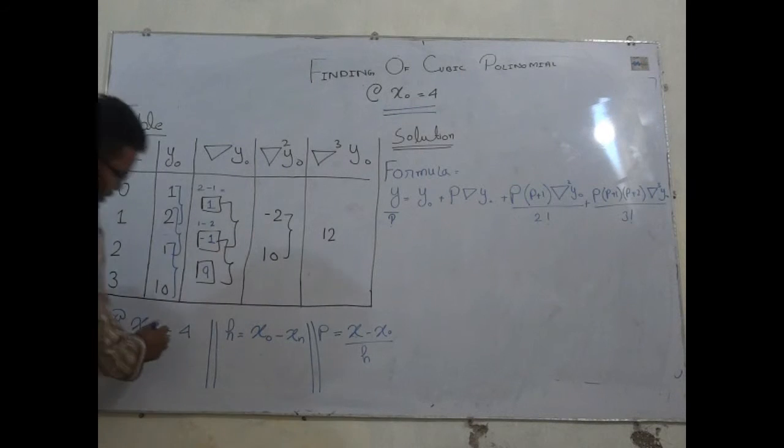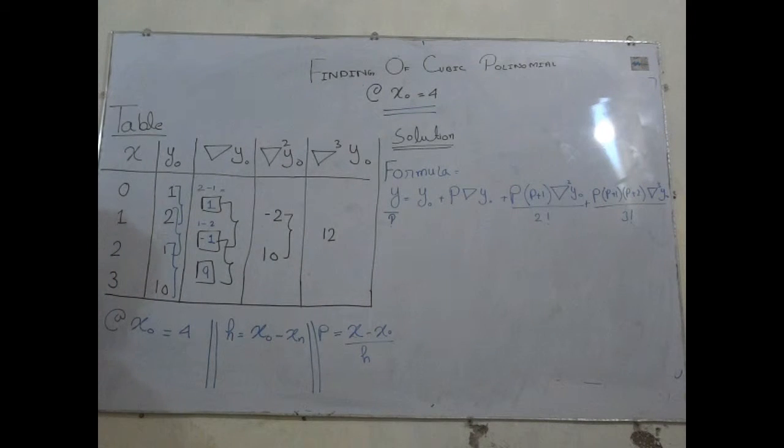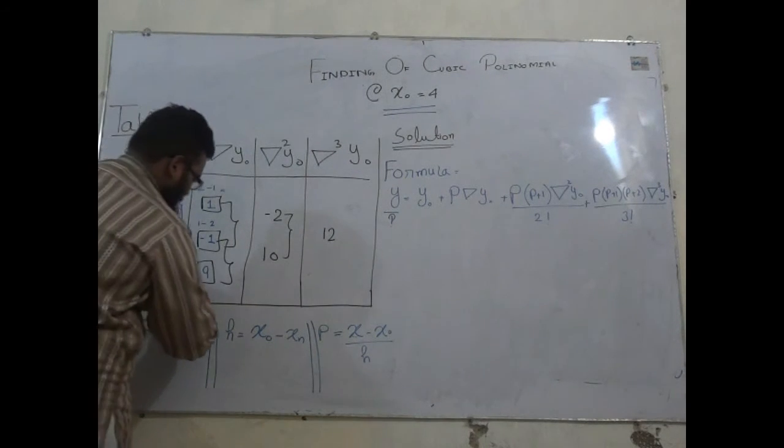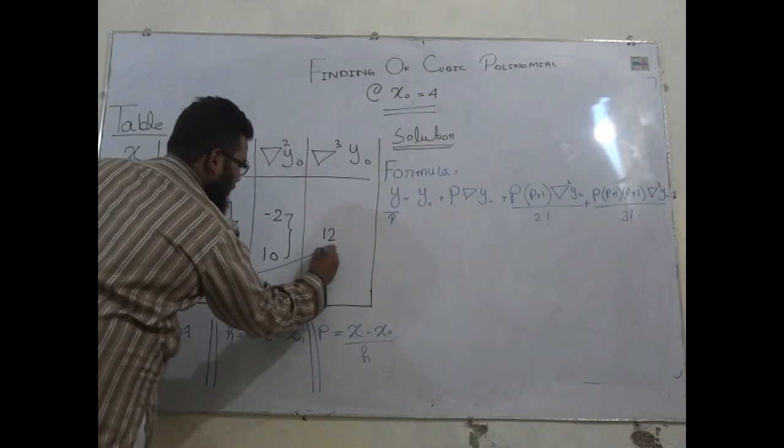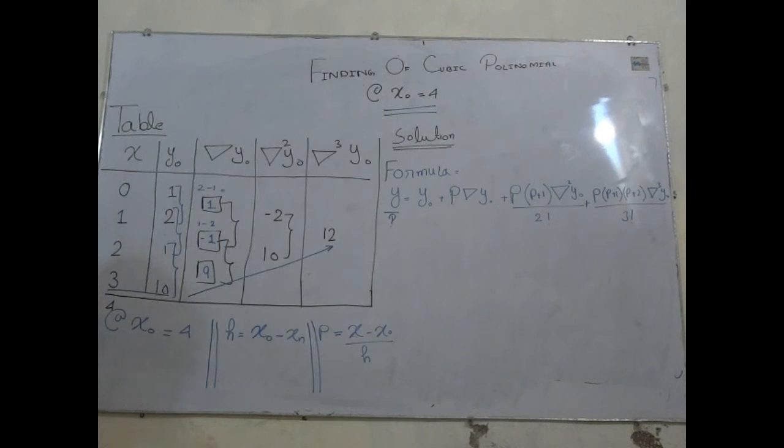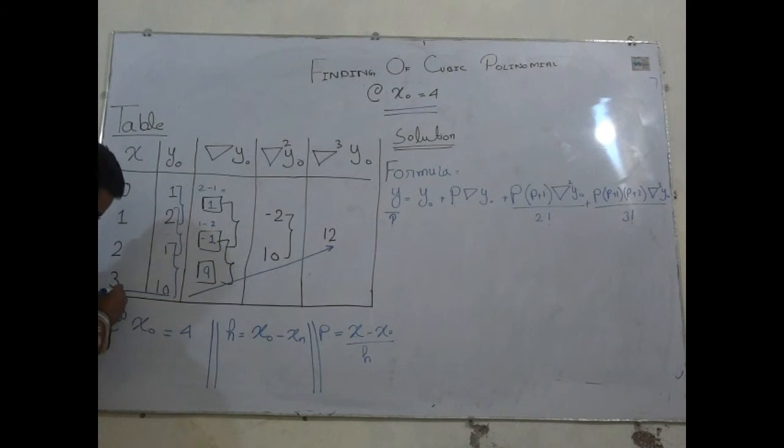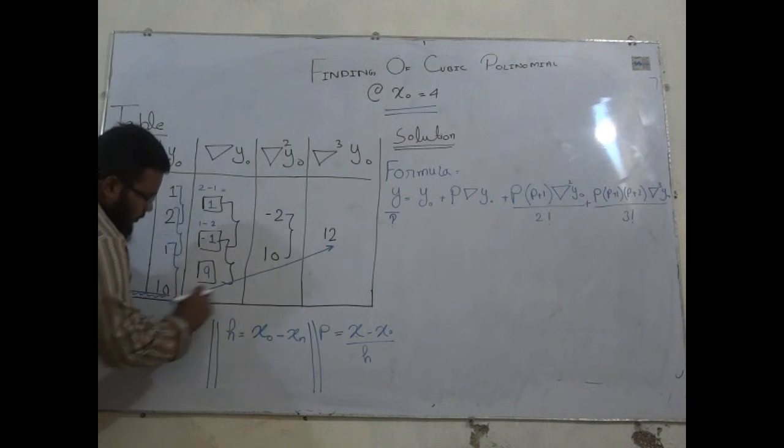Here as x naught is equal to 4, which is beyond the table, we have to use backward substitution method. We will start from here and we will go to this.